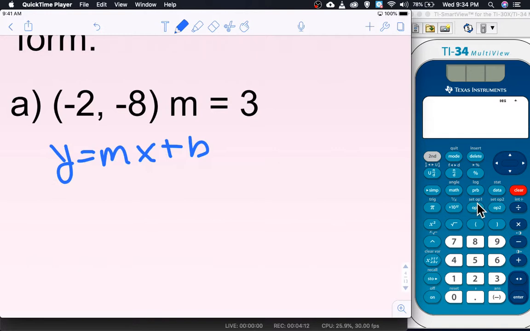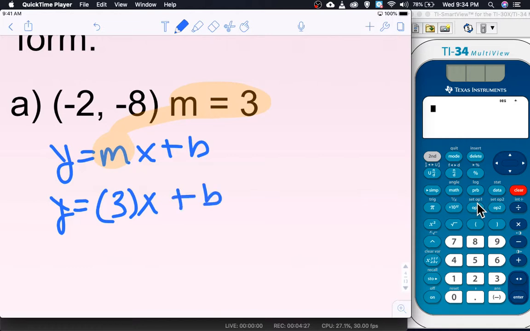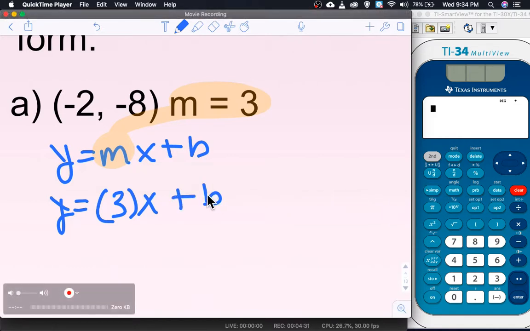Things like, I know my m is 3, so I'm going to plug in a 3 there. And if that's the only thing I knew, this problem would be impossible to do because I don't know what this b is. I don't know the y-intercept.